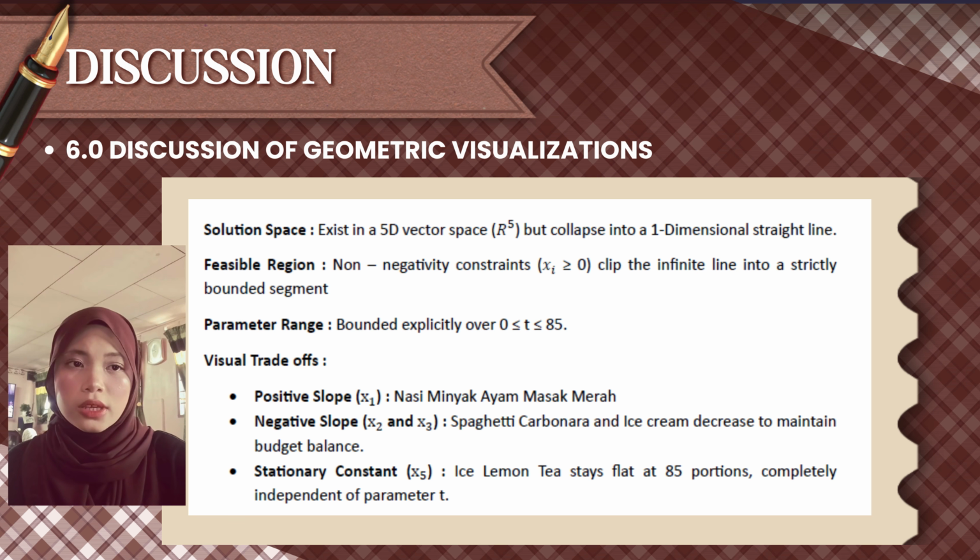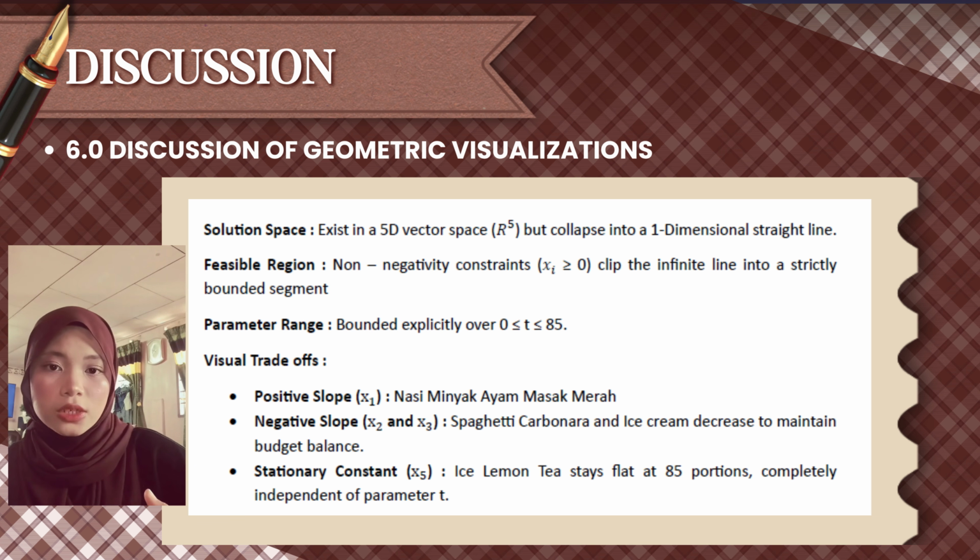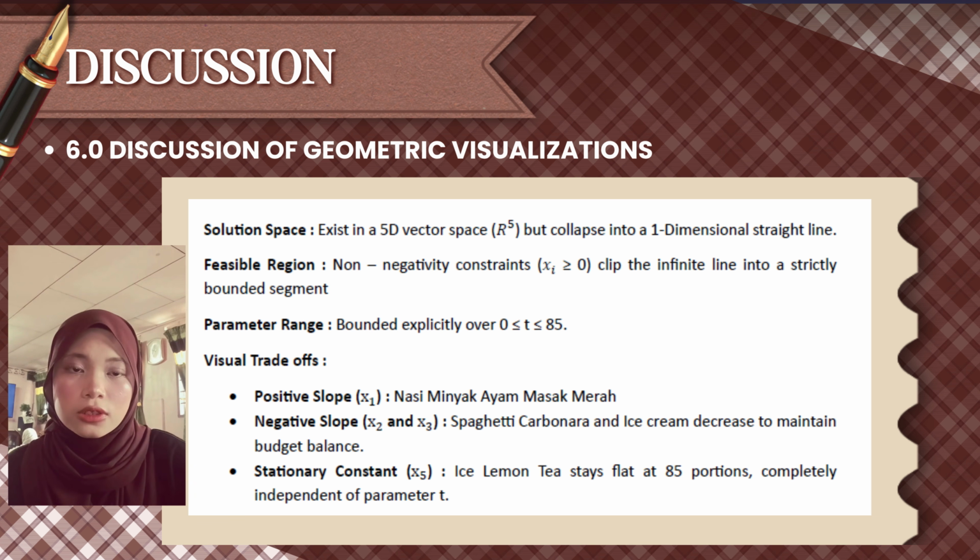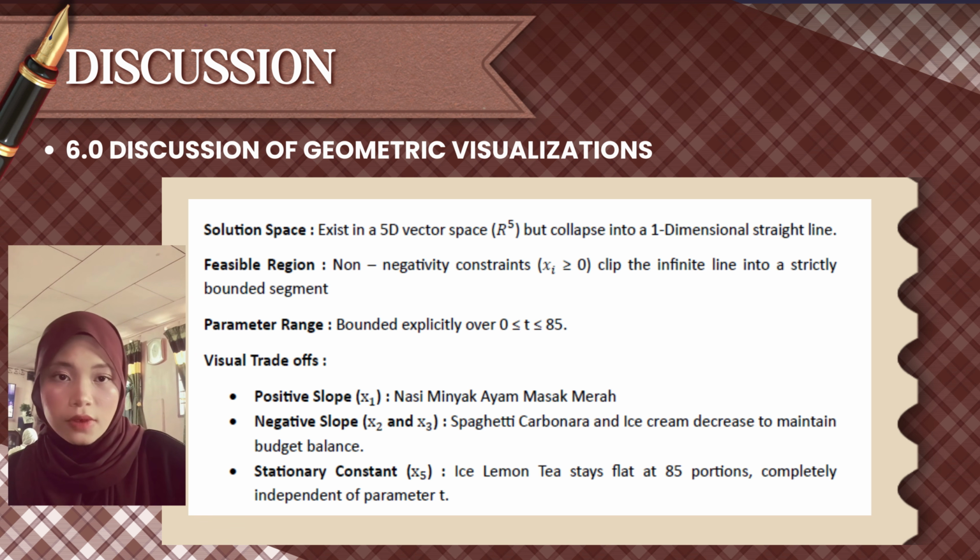However, because we cannot order a negative amount of food or drinks, our real-world scenario introduces a non-negativity constraint. This splits the infinite line into a strictly bound feasible region, mapping exactly over the parameter range 0 ≤ t ≤ 85.